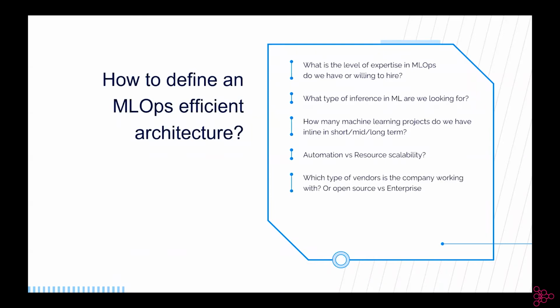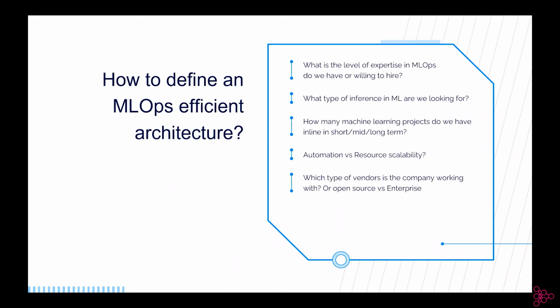Then something very important, and this is usually something I have a good discussion about with customers: usually it's either open source or enterprise. Sometimes companies like having both, because they see that enterprise covers 80%, and the remaining 20% of the environment is covered by open source.